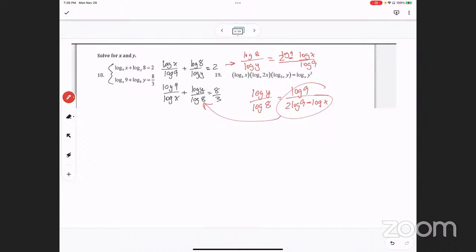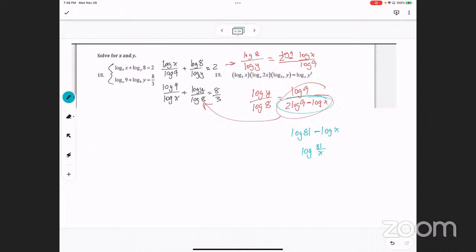Okay, well, let's see if we can simplify this now a little bit more. Because that equals log of 81 minus log of x, which is equal to log of 81 over x. So I could write it like that.